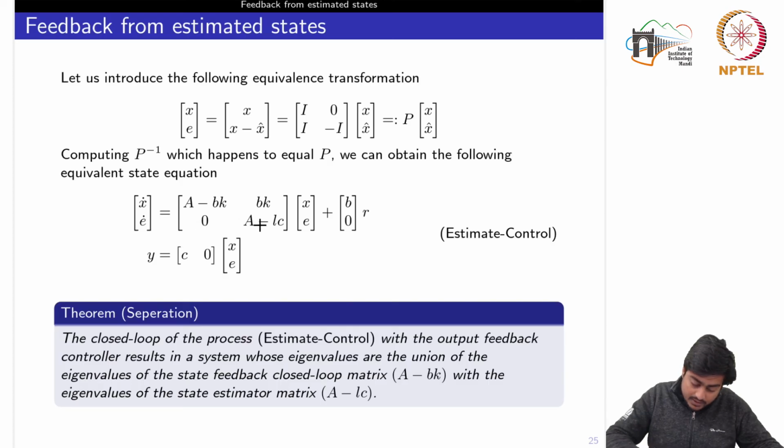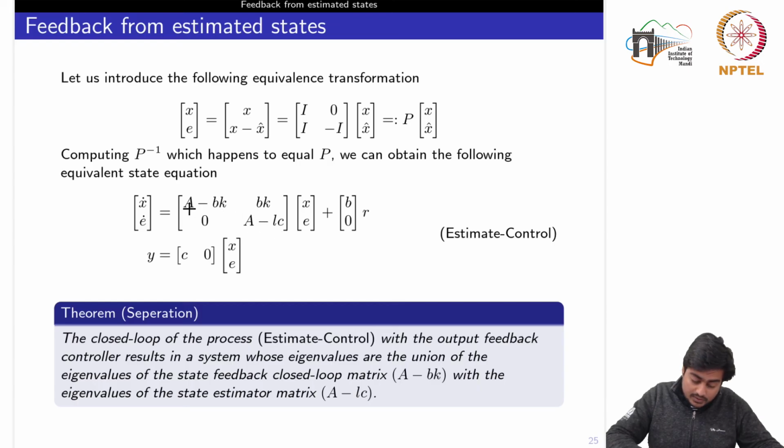Okay, so pay attention to this state matrix. So now this is an upper triangular matrix, and if we compute the eigenvalues of this matrix, you would see that the eigenvalues of this state matrix would be the union of the eigenvalues of this matrix and the eigenvalues of this matrix.